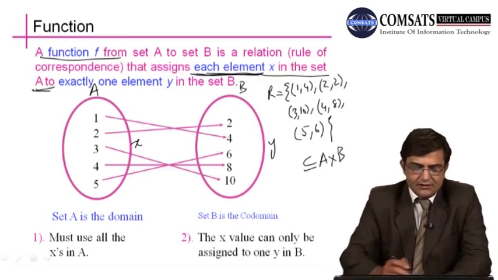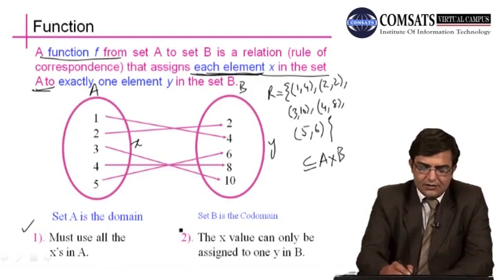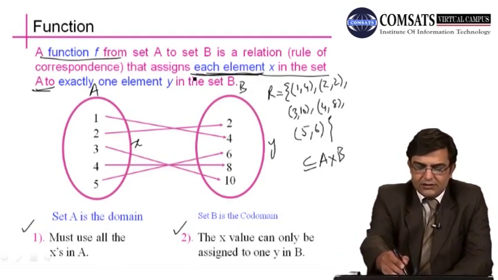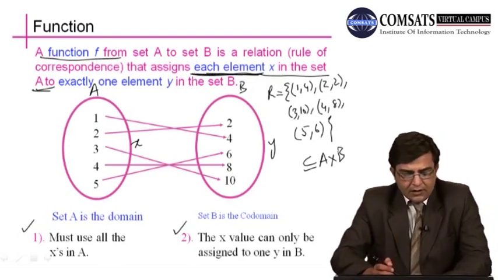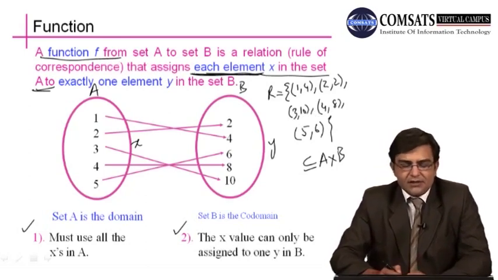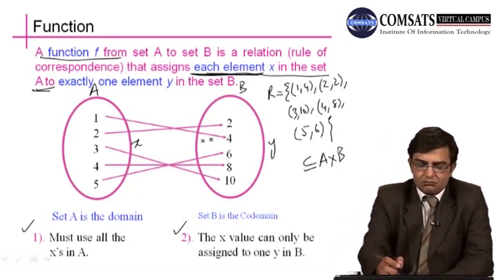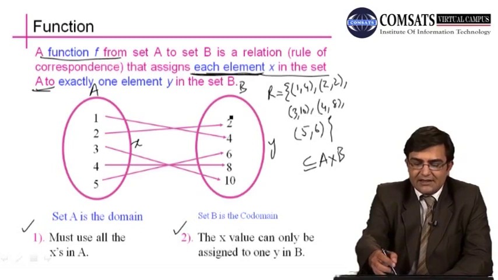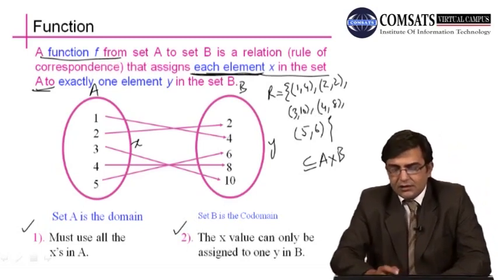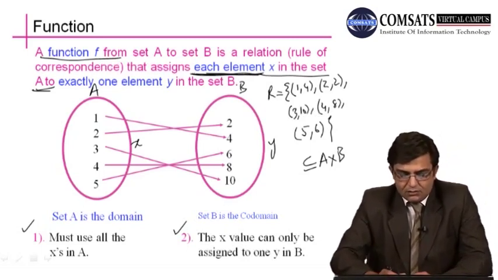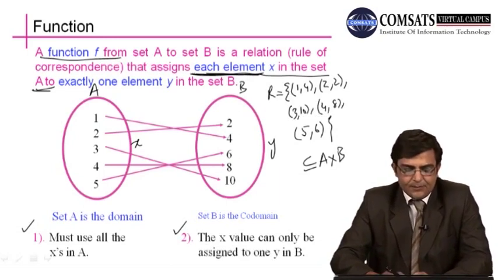Now if this relation satisfies these two conditions, first, that we must use all x's in A, meaning every element of A must be assigned, and second, to exactly one element in B. These are two constraints or conditions which we impose on the relations.